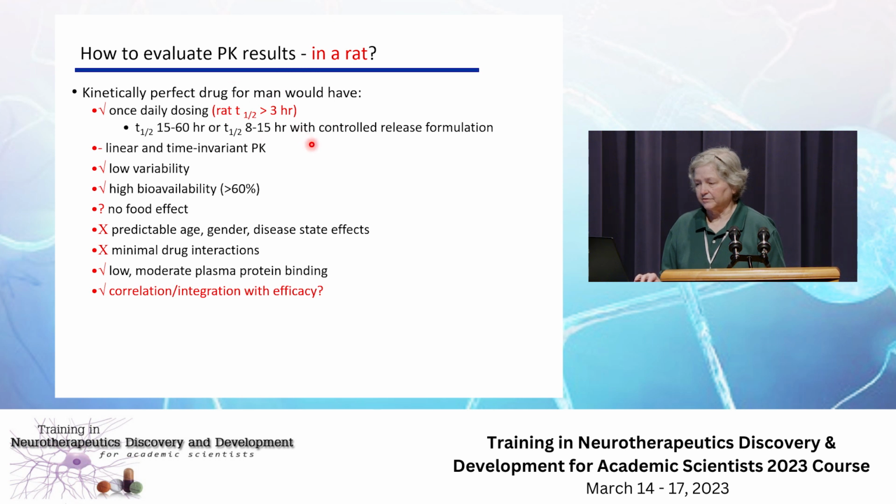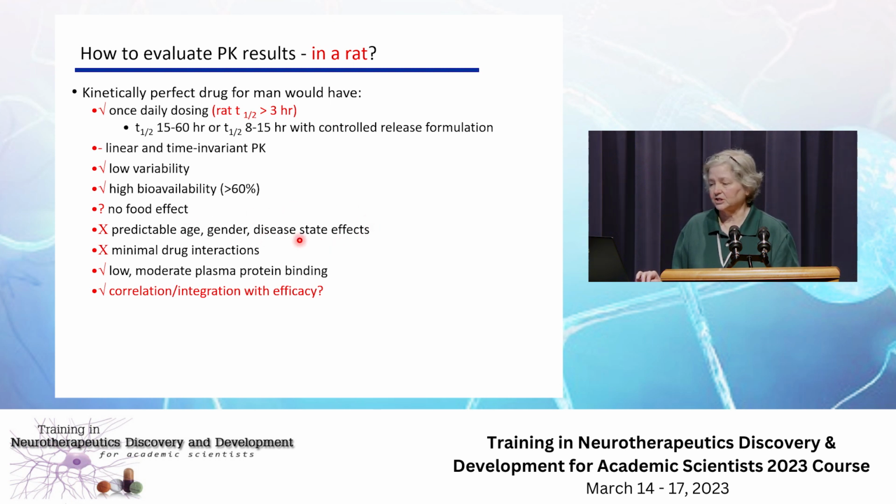So we mentioned that the half-life was different across species, but if we wanted a compound that had a higher probability of having a long half-life in humans, we'd like to have the half-life in rat be more than 3 hours. We can certainly look at the linearity. We can look at the variability in a rat PK study. We can assess the bioavailability. We can't look at the food effect. Rats eat whenever they want, no matter how you try.